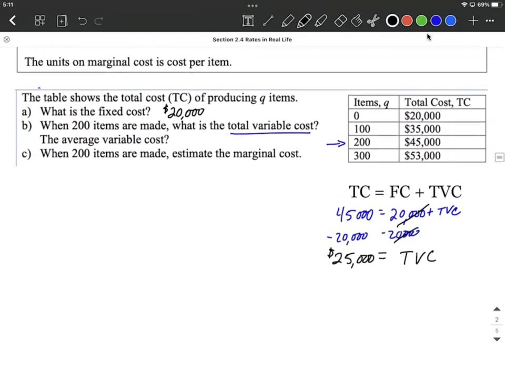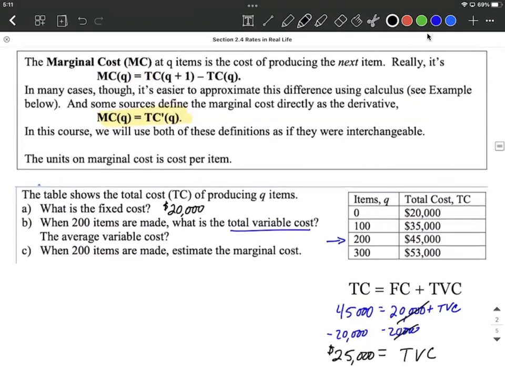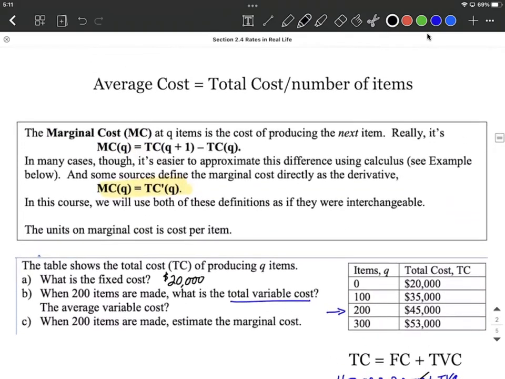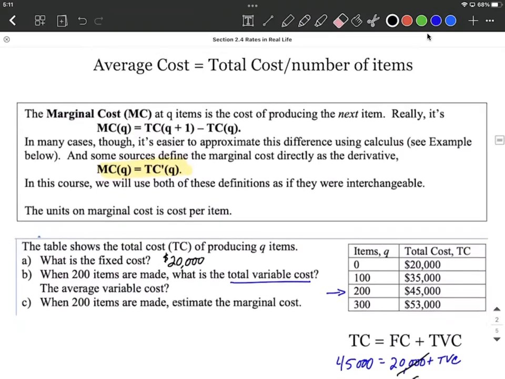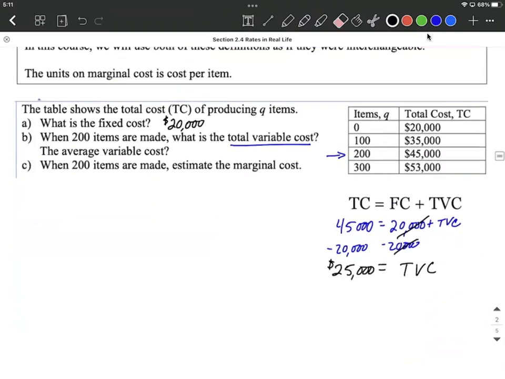The average variable cost can be computed. Let's look up above here. The average variable cost would be the total variable cost divided by the number of items. All right, very similar to the same formula we had for average cost, only we're throwing in average variable costs in this case. So total variable cost divided by the number of items.